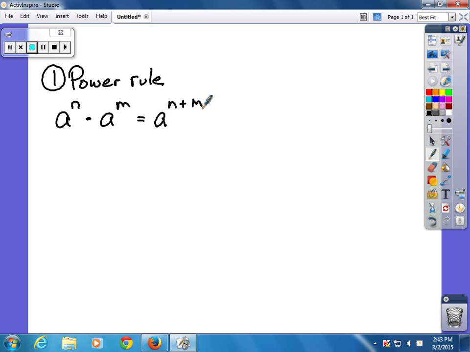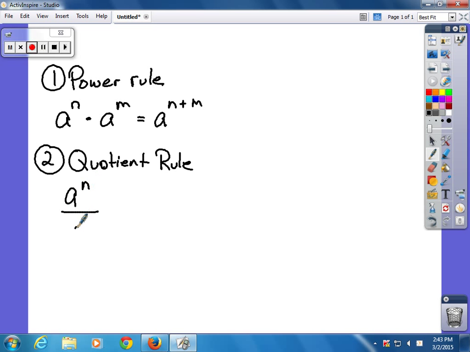You add them together. Quotient rule says that if you have two exponents with the same base and you're dividing, what do you do to them? You subtract them.